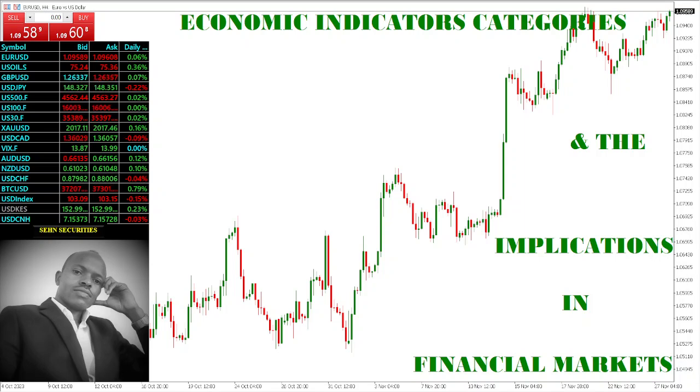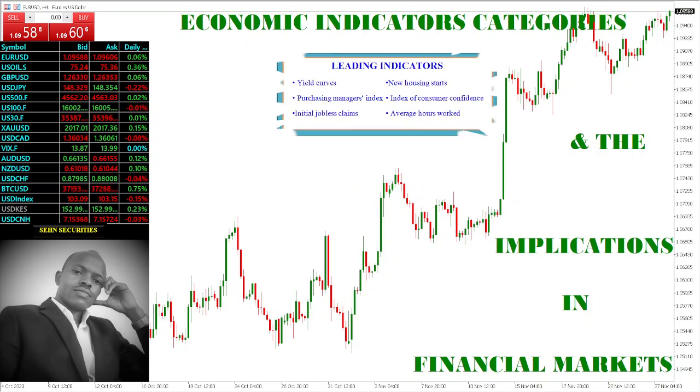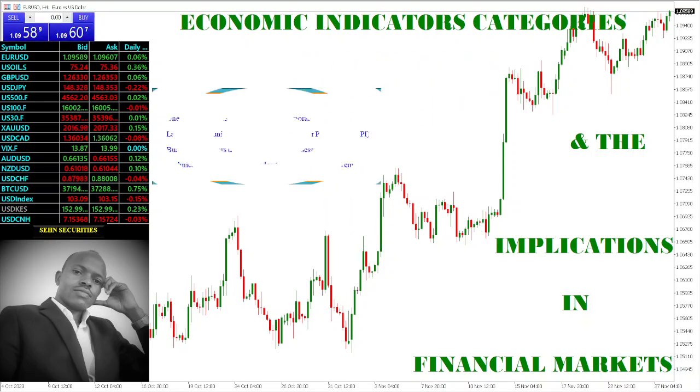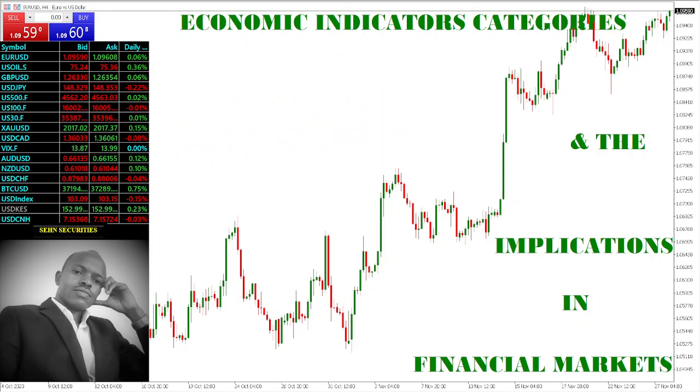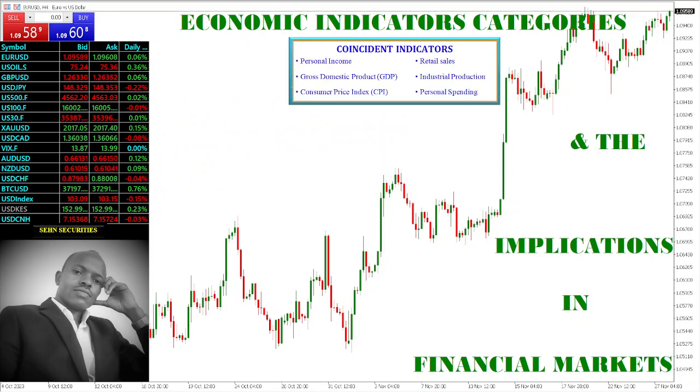Typically, economic indicators are categorized into three categories, which include leading indicators, lagging indicators, and finally, coincident indicators.